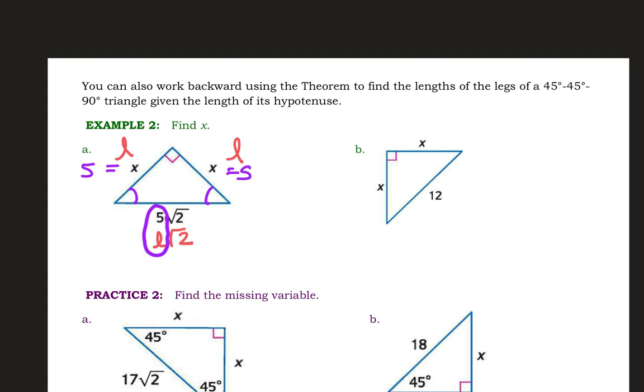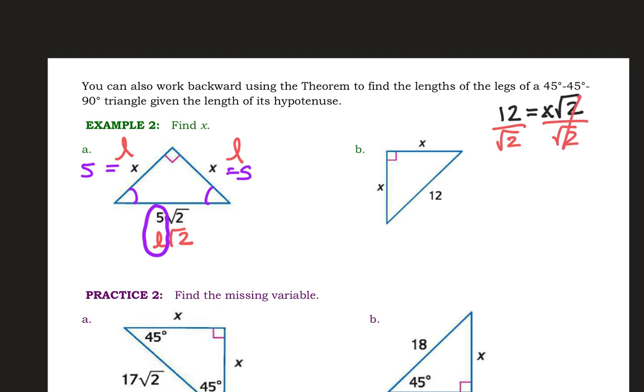Now B is different, because on B, we need to know that 12 was derived by multiplying your leg times the square root of 2. Well, let's undo this. If this is x times the square root of 2, what do I have to do to figure out what I multiply to get 12? What's the opposite of multiplying? Dividing, good. So we'll divide both sides by square root of 2.